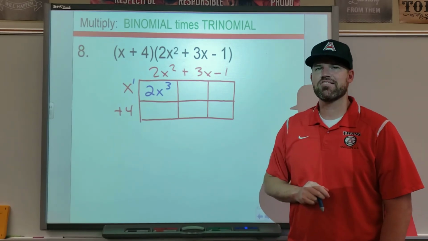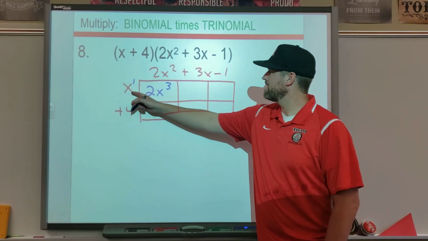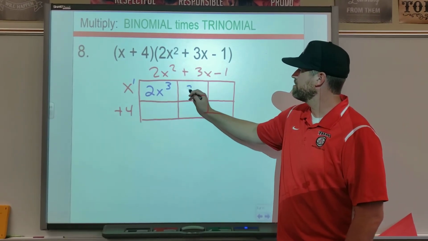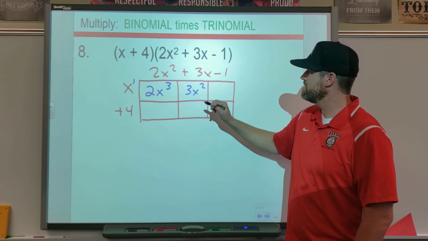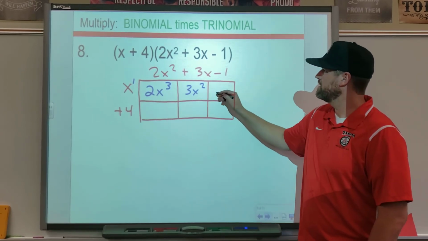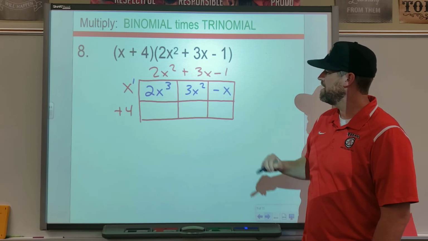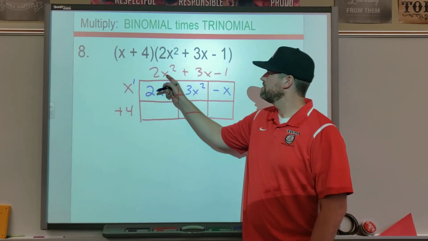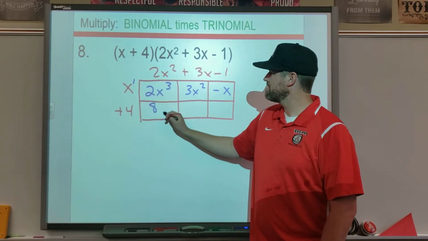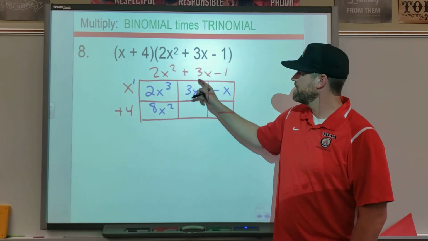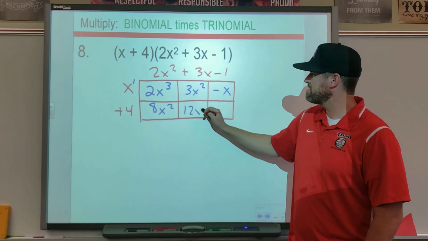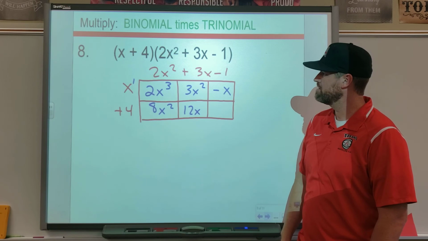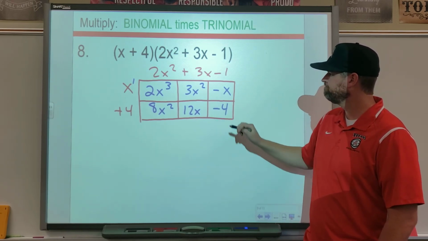So we add the exponents. 1x times 3x is 3x squared. X times -1 is minus x. 2x squared times 4 is 8x squared. 3x times 4 is 12x. And then our final box is going to be 4 times -1.